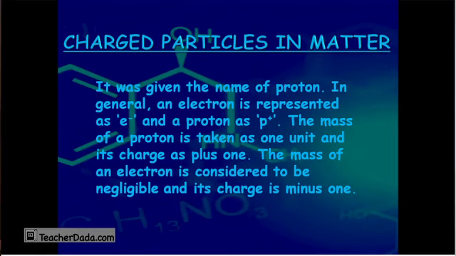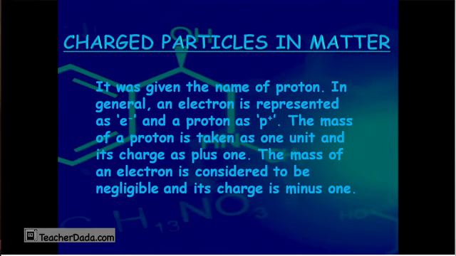Proton, the positively charged particle, had a mass approximately 2000 times that of the electron. It was heavier than the electron actually. It was given the name proton. In general, an electron is represented as small e, and a proton is shown as small p.